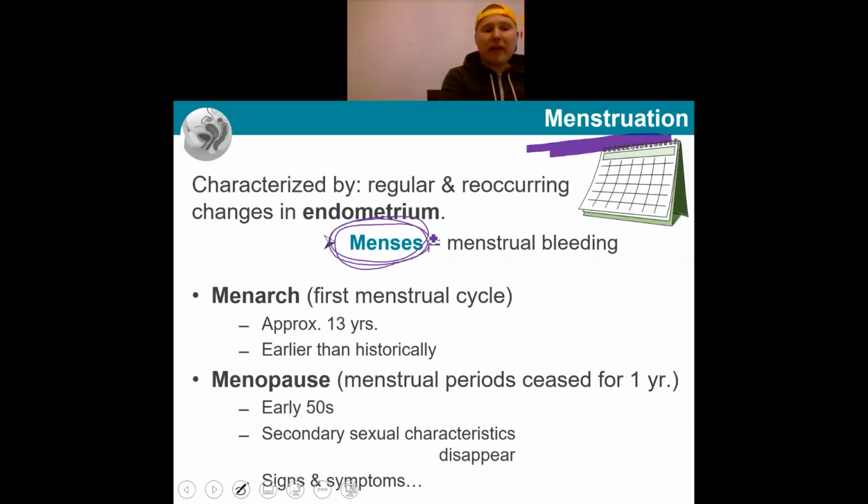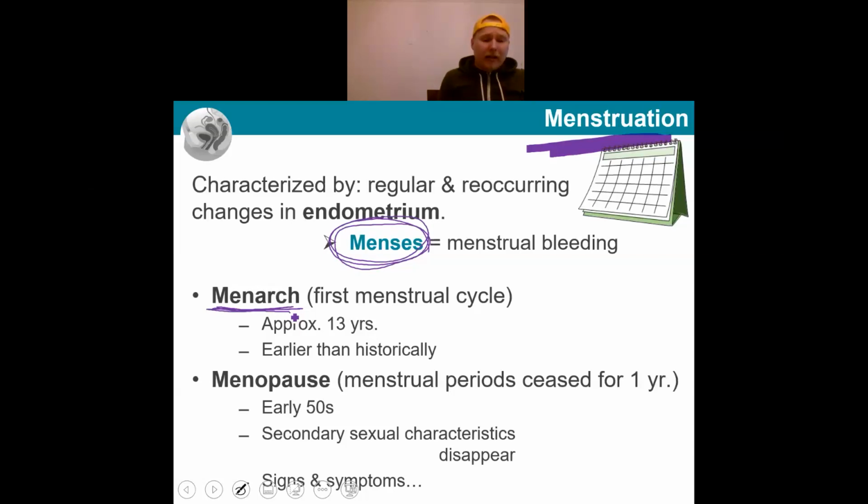The first menstrual cycle takes place at about the age of 13 years. There's a little bit of variation there. That's known as the menarche. And what we're noticing is that the first menstrual cycle takes place in modern females of our time earlier and earlier than ever before.